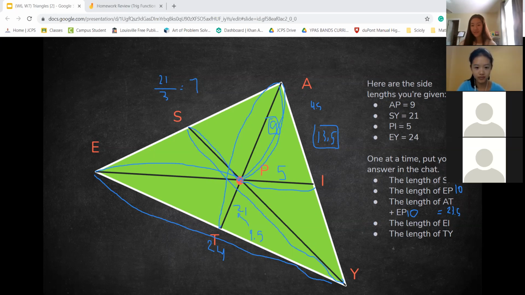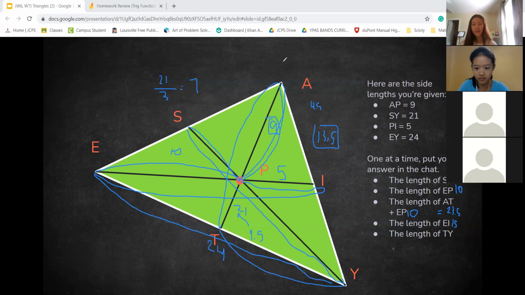Okay, the length of EI. EI is this whole median, and we already said that EP was 10, right? We already know what PI is, so I can just add that and get 15. And the length of TY, this one. We know this whole thing is 24, right?